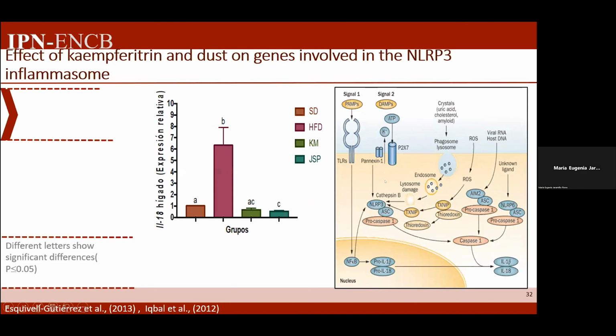This is the same signaling pathway used to produce interleukin-18 and interleukin-1 beta, which is responsible for the low-grade inflammation in obesity.